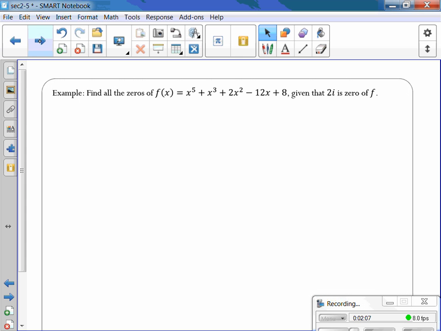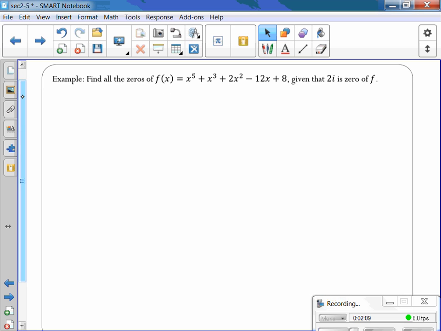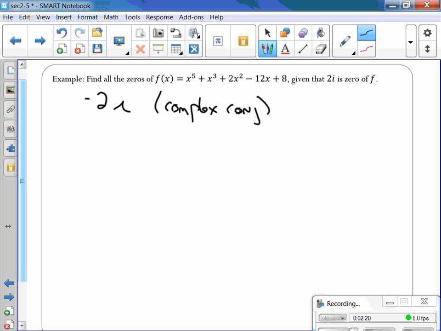So if I know 2i is a zero, what else do I know? Absolutely. Whatever's in front of that imaginary part, right? 2i is a zero. I also know that negative 2i is a zero. So I have two zeros right now.